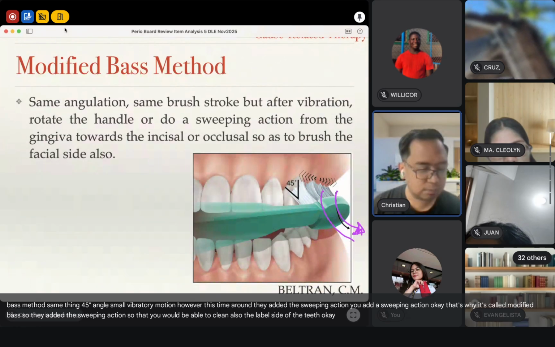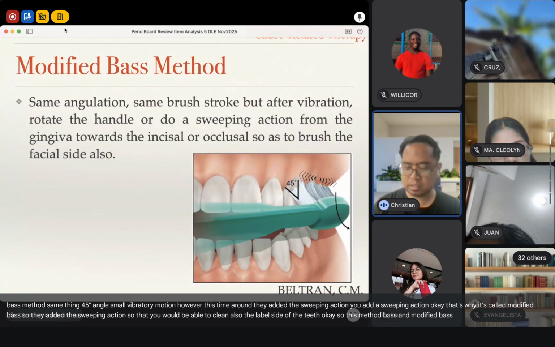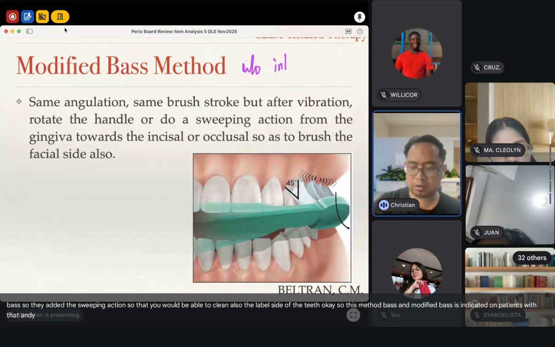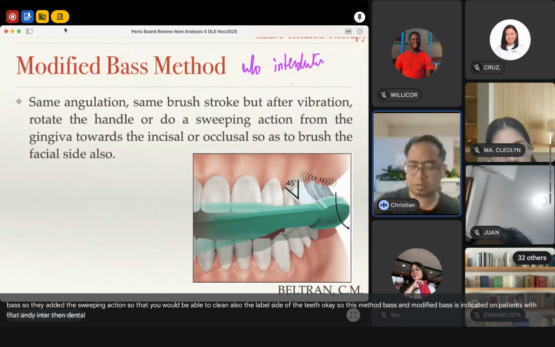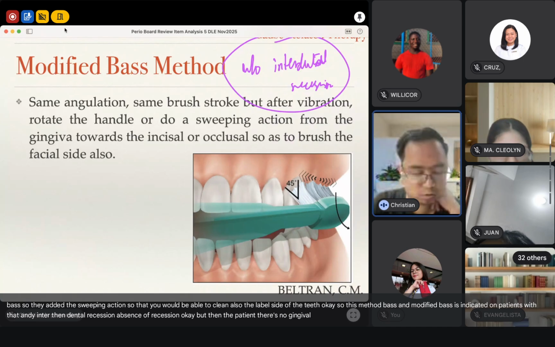Okay. So this method, BAS and modified BAS, is indicated on patients without any interdental recession, absence of recession. Okay? Maganda yung gums ni patient. There's no gingival recession.